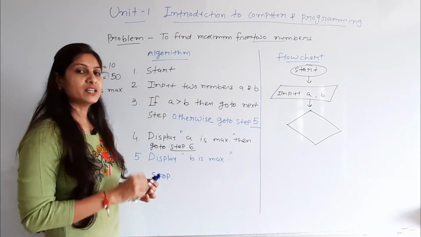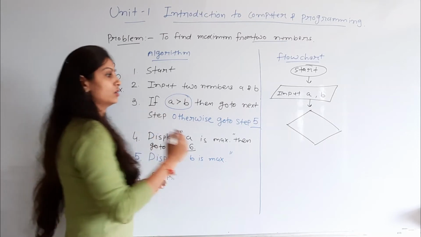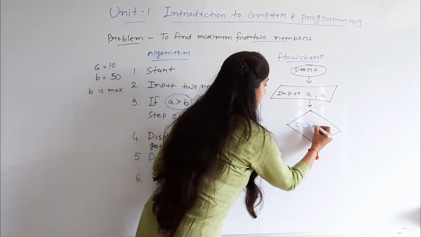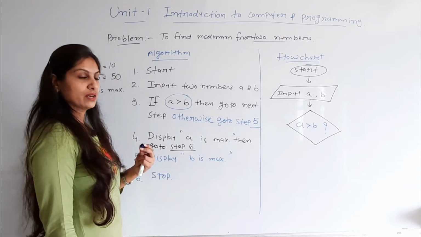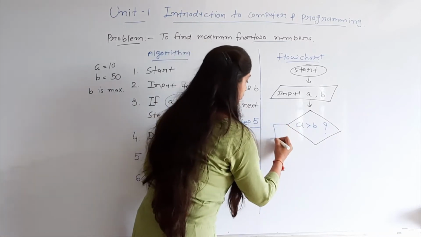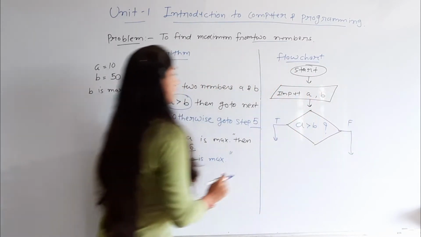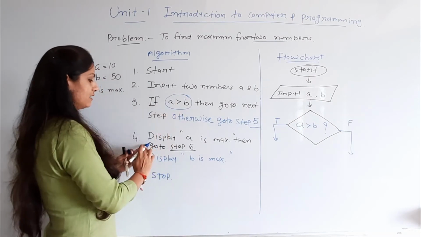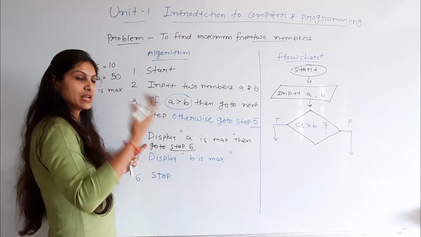Now which condition we have to write? Obviously here only one condition is there. So A greater than B, it is a condition, so it is indicated with a question mark, and also it has two possibilities, true or false. Now if this is true, then next step, that is display A is max, that is our output.